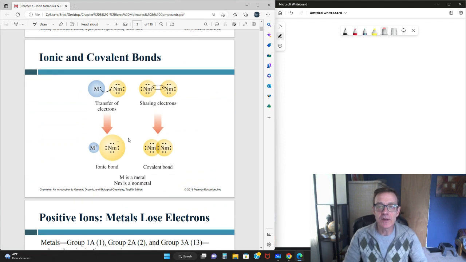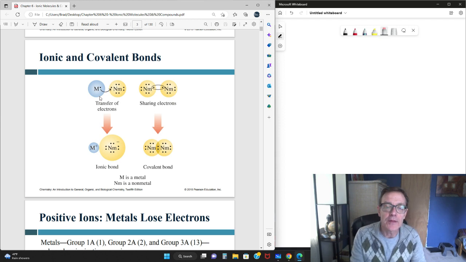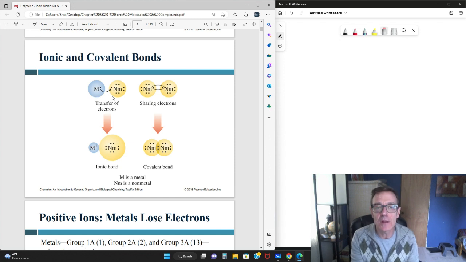Okay, so here's a visualization of what's actually going on here. I have a metal in blue on the left and a non-metal. We are transferring that valence electron from the metal to the non-metal, which needs one electron.